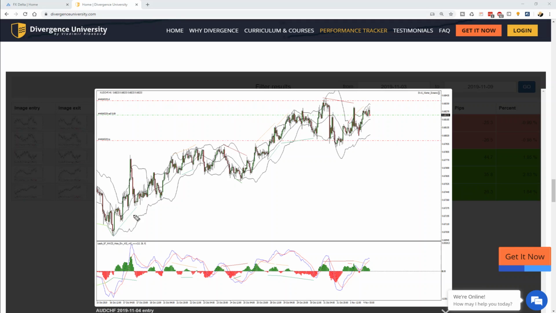We can see that on the way up a cycle developed, or waves developed. You can have alternative counts here, but the important part is we did reach the level first of all, and you can see what the price did.